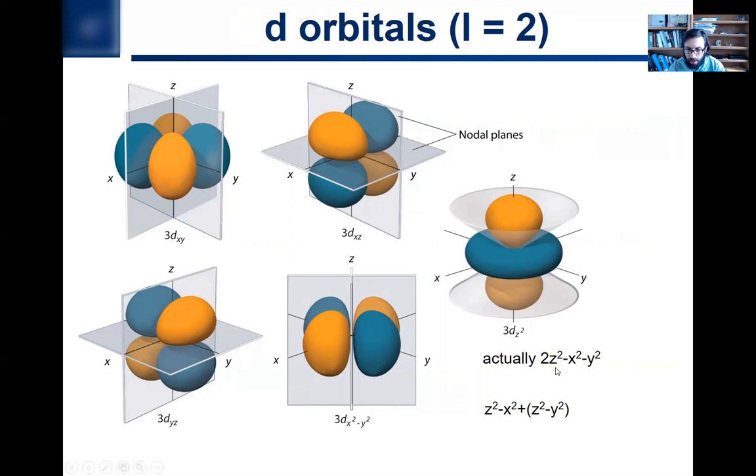Well, you can decompose that into z squared minus x squared plus z squared minus y squared. You can imagine what a z squared minus an x squared looks like. It would just be an xz rotated 45 degrees. And a z squared minus y squared would be a yz rotated 45 degrees.